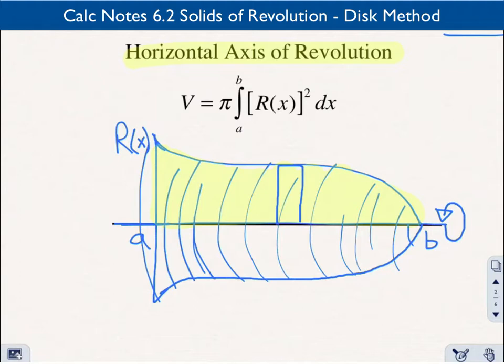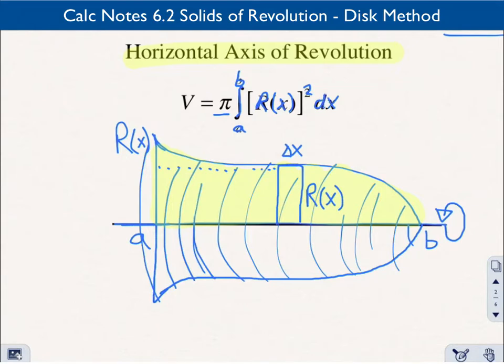Okay? And if we look at this, the height of this rectangle is going to be r of x, and the width of the rectangle is going to be delta x. So it's important here to note that the radius is going to be r of x, and the width of the rectangle is delta x. And so here is your overall formula of volume: pi times the definite integral from a to b of our radius, r of x, squared dx.